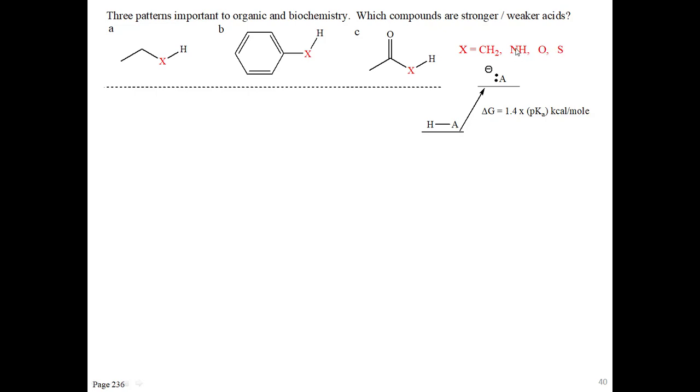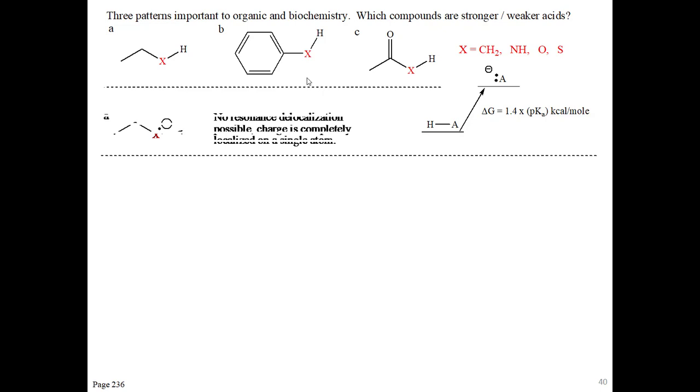And the nitrogen will be much more stable than the carbanion. Okay, so that should be pretty clear. And that's going to be true for all the patterns. So the next question is, how do the patterns relate to each other? Okay, in all cases we expect the one with the sulfur to be the strongest acid when you look at the H's here. So the first one, when we make a minus charge, it's fully localized.